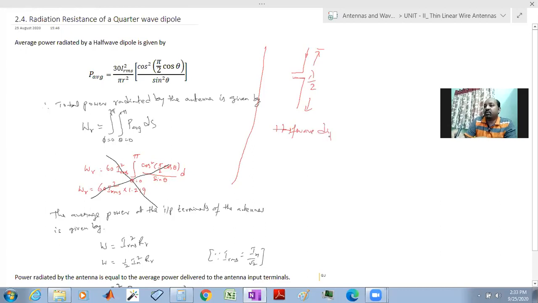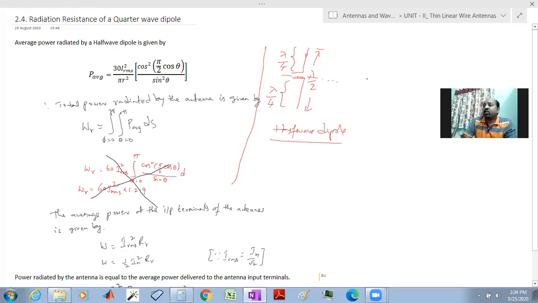In other words, the half wave dipole is a symmetrical structure with respect to the center. This is the center axis. So with respect to the center, the half wave dipole is symmetric in its structure. So this is lambda by 4, and this one is lambda by 4.